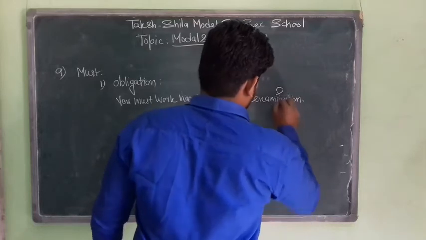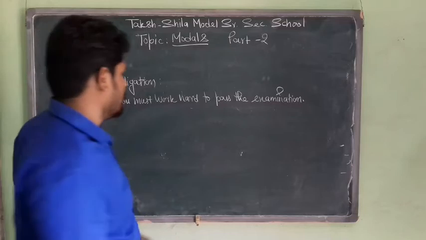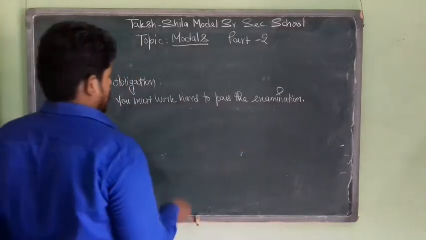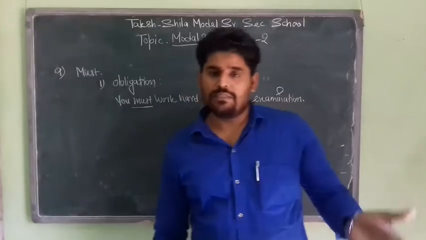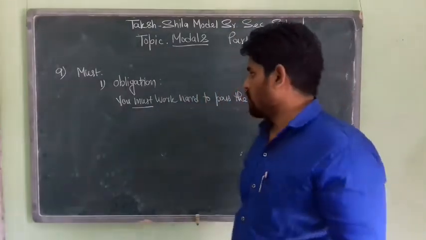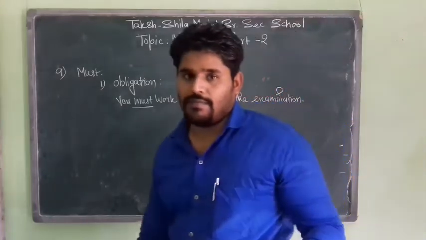You must work hard to pass the examination. So what is the prerequisite to pass the examination? Work hard. So here if we use must, it simply shows what? Obligation. So the person is obliged to work hard if he wants to pass the examination.